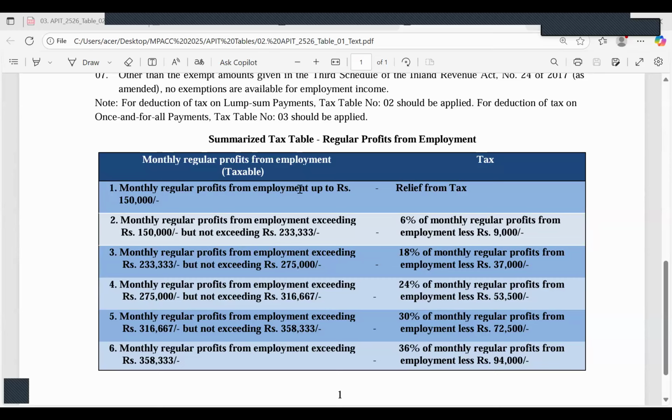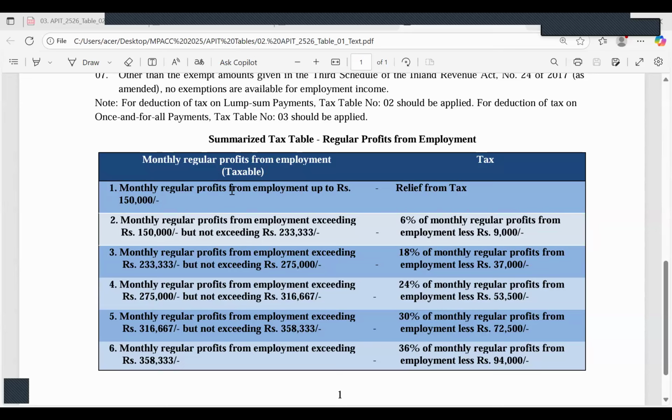This is the table that accountants use. If our monthly salary, here this is taxable income. Taxable income. For employment income, expenses are not allowed to be deducted. The only thing we have to consider is the personal relief.